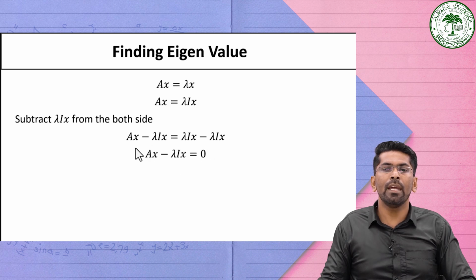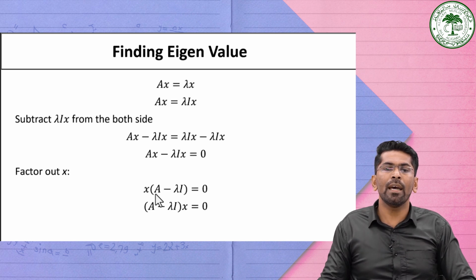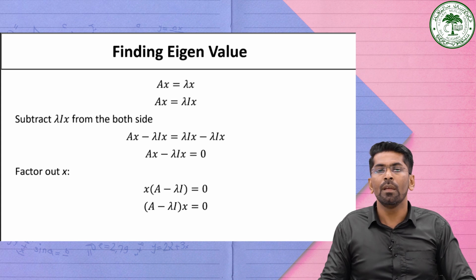What is remaining here is Ax minus lambda I x. Here x is common, so we can factor out x. Taking x outside, what is remaining is A minus lambda I, equated with 0. So by rearranging, we can write A minus lambda I into x equal to 0.